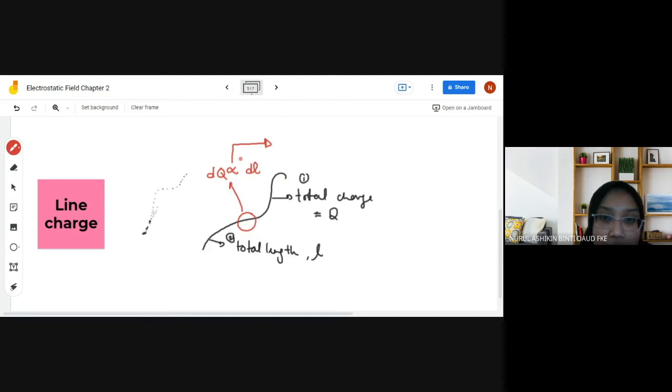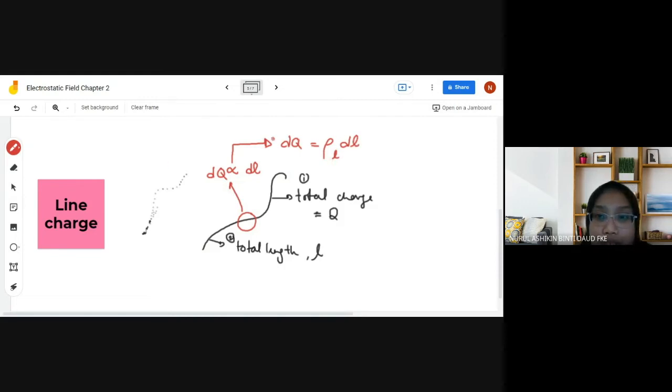Instead of proportional, we want to change this to equality form. In order to change the proportionality form to equality form, we need to have a constant there. So dq equals rho L times dl.